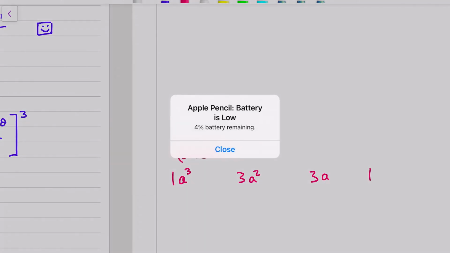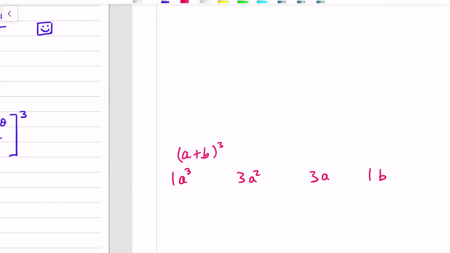And the other side, b cubed, b squared, b, and then b to the 0. And then plus, plus, plus. So that's how we expand a binomial really quickly.